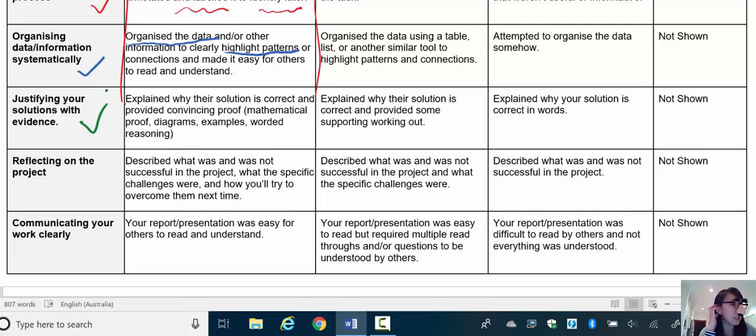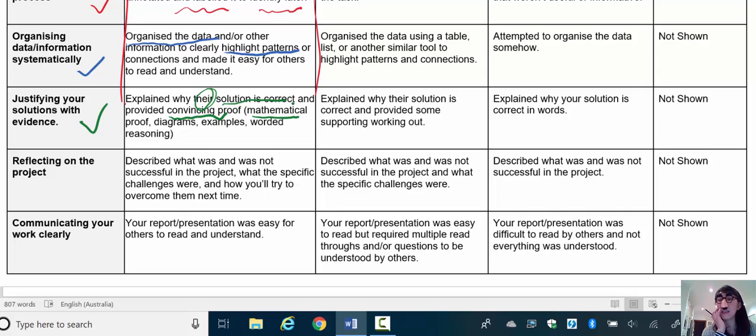This part is related to the discussion in your report. Basically, you have to explain why your solution is correct and provide convincing evidence. This evidence should be mathematical evidence.